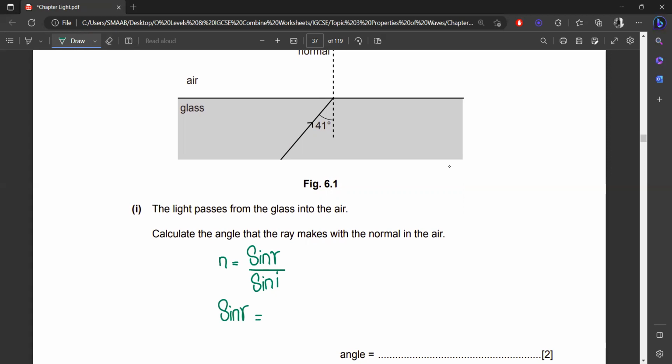So sine of the angle will be equal to 1.5 times sine 41. I'm getting 79. Final answer. Yes. So 79 degrees.